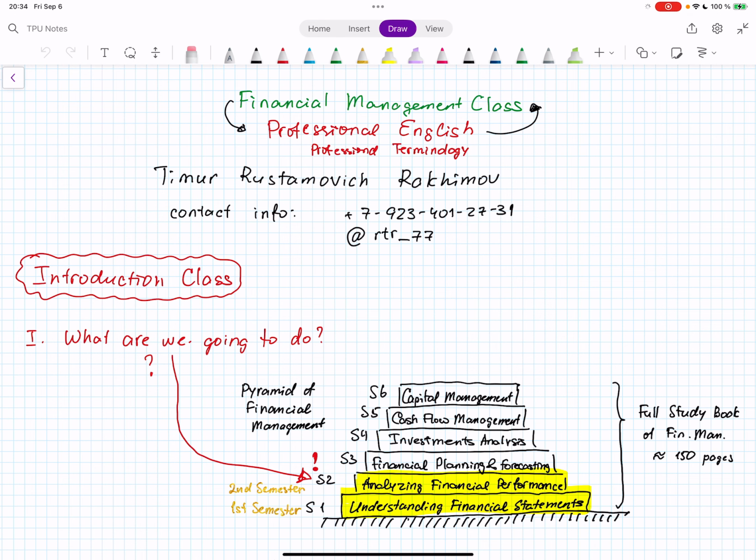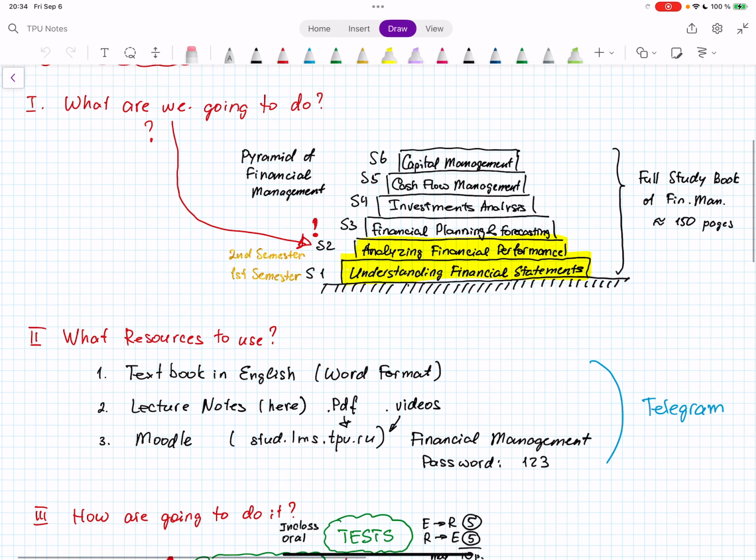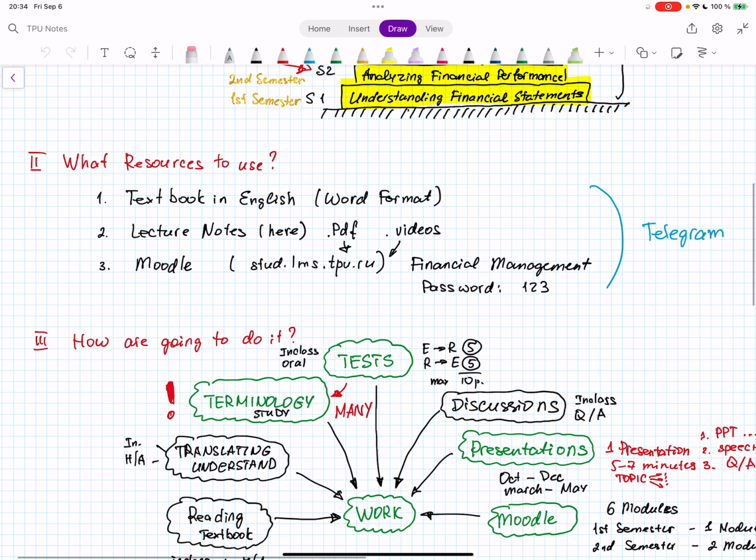Last time I gave you the picture of what we're going to do in our class. We will study the two parts of financial management: understanding financial statements and analyzing financial performance. We talked about what resources we're going to use: the textbook, the lecture notes, and the Moodle.